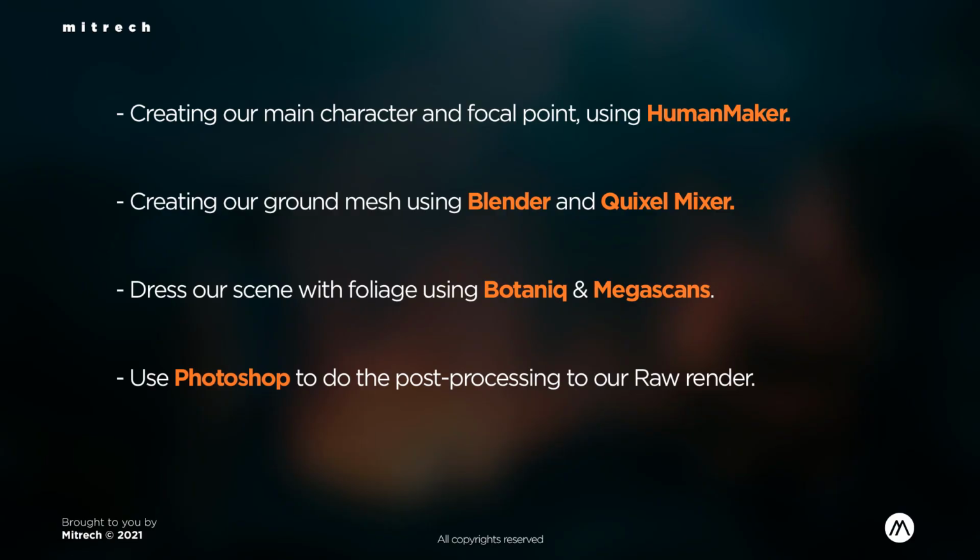So first of all, we are going to get into creating this big human, like the focal point here. We're going to use MakeHuman for that because it'll just make our life a lot easier.